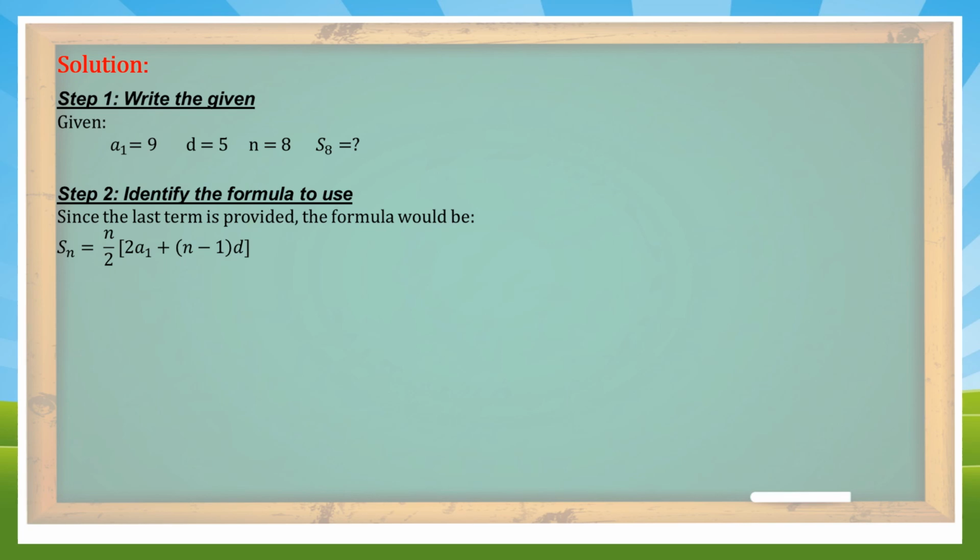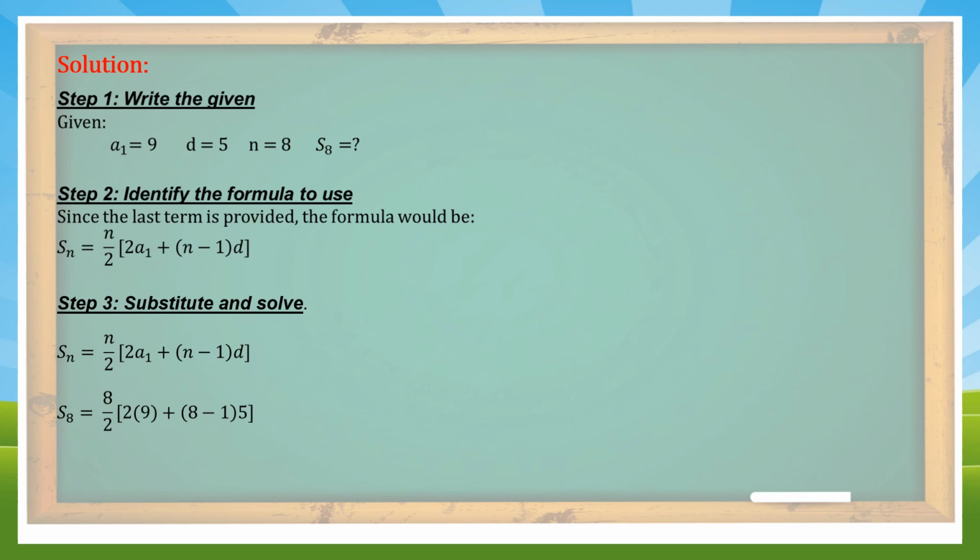S sub n equals n over 2 times the quantity of 2a sub 1 plus the quantity of n minus 1 times d. So, substitute all the given values. Yung n papalitan ng 8, yung a sub 1 papalitan ng 9, at yung d papalitan ng 5. Okay?